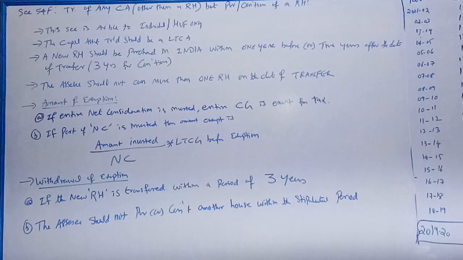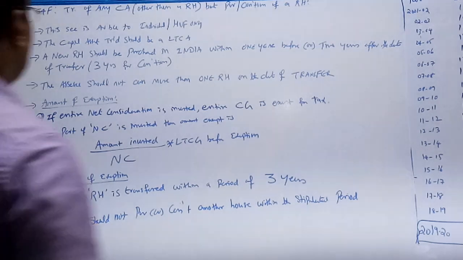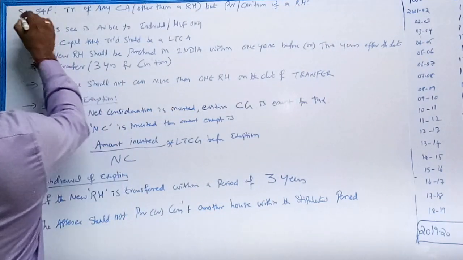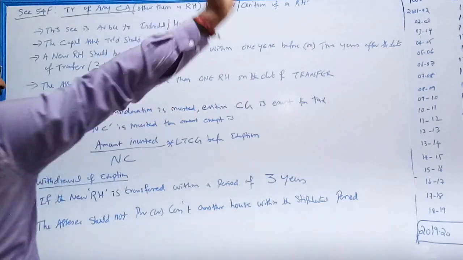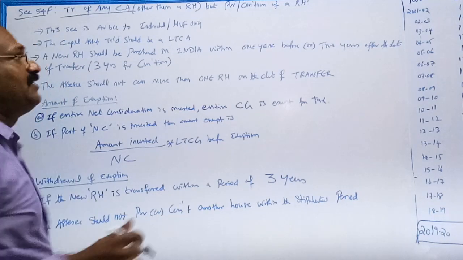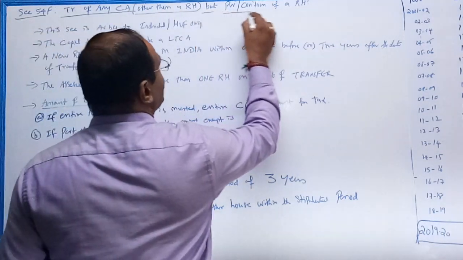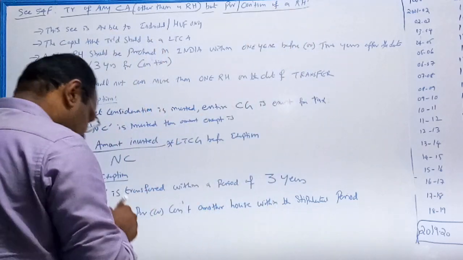Next we are going to take up the last section, 54F. Listen carefully: transfer of any capital asset other than a residential house, but purchase or construction of a residential house.